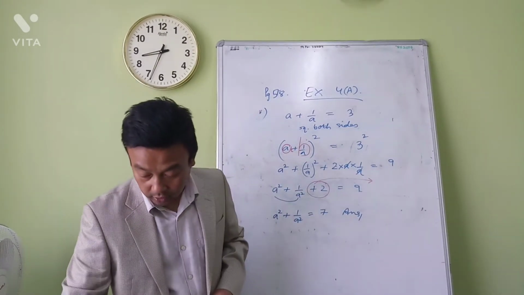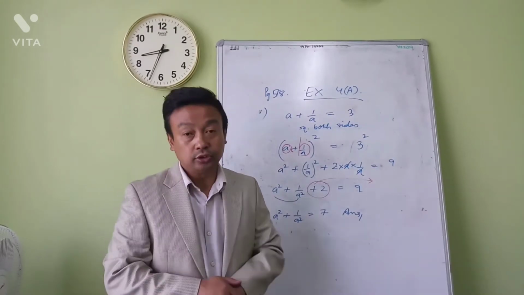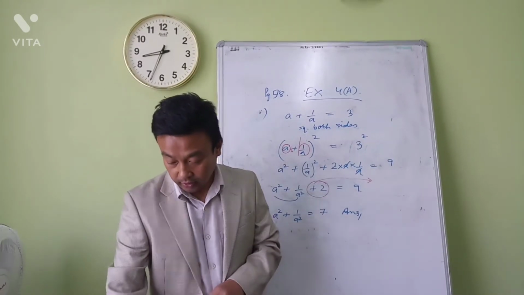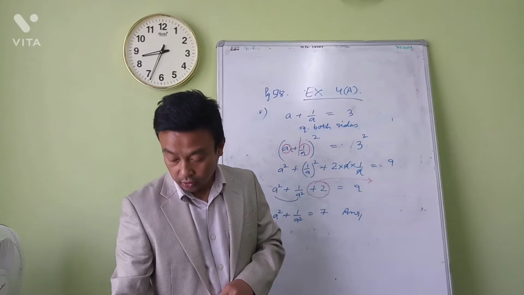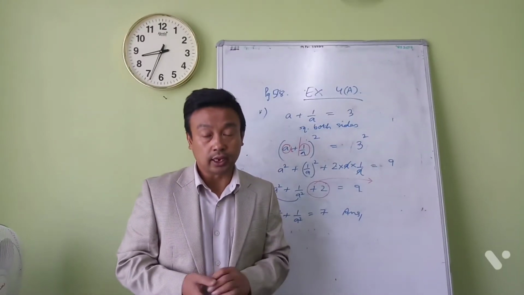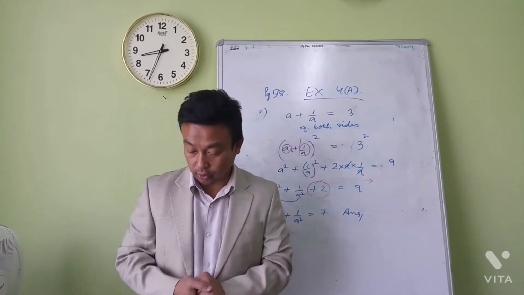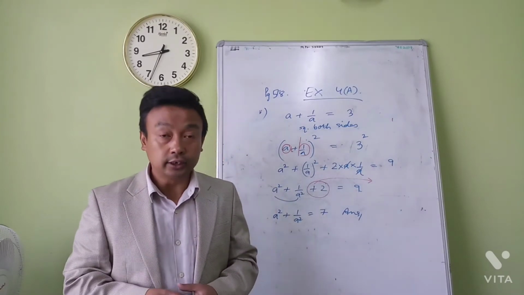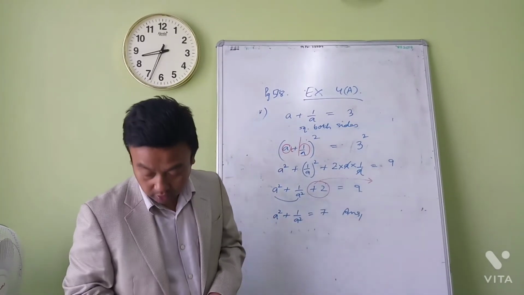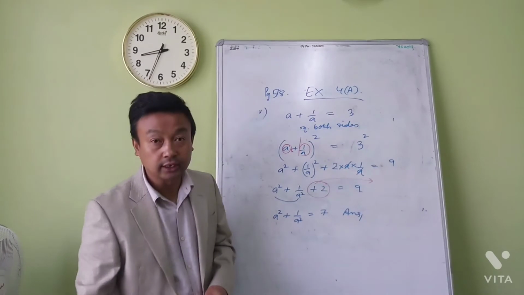Okay, so now you have got one last question I will be solving from this exercise. It is a kind of word problem. You have to read that sentence and convert it into an equation. So let us do question number 16, the last question from this exercise 4a.